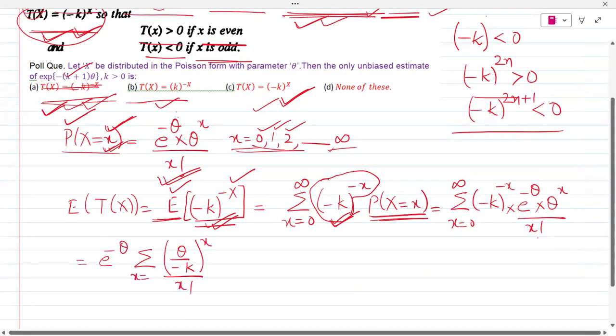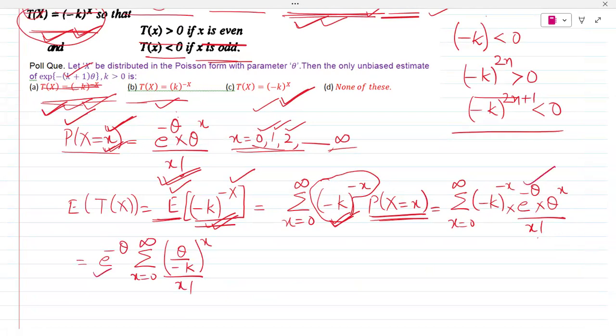This e^(-theta), I can take outside the summation because the summation is with respect to x. It has nothing to do with e^(-theta).